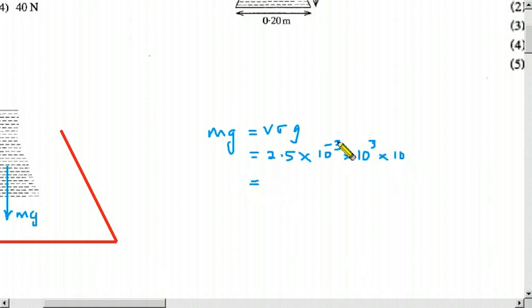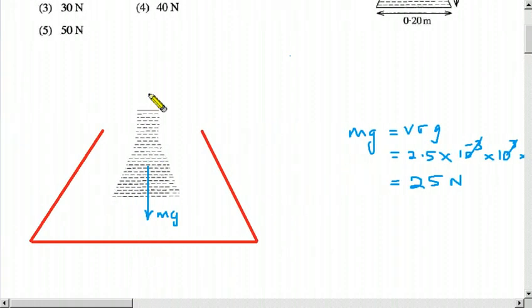So these cancel, and we get 25 Newton, that is the mg. So I delete this one and write 25. We don't need the unit here. So that is the force.